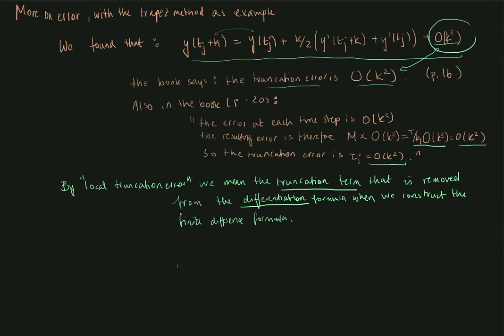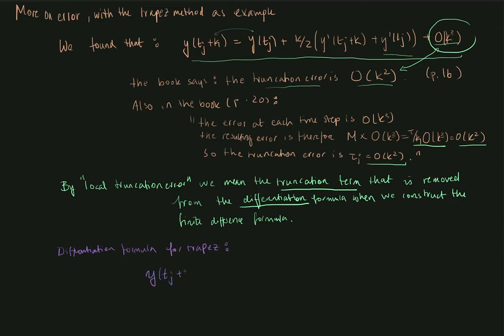And why is that the case? Well, that is because we have not isolated the derivative of y in our formula, and we need to do that before we can locate what the truncation term is. So the differentiation formula for the trapezoidal method is, well, let's see.